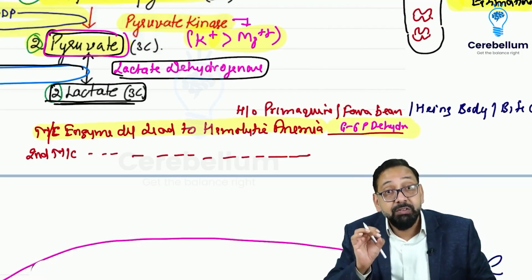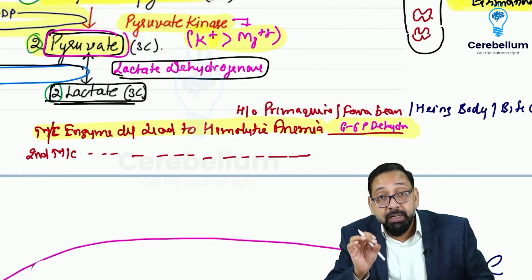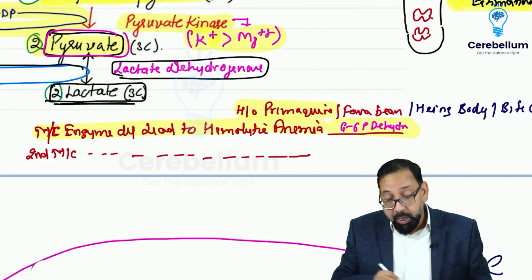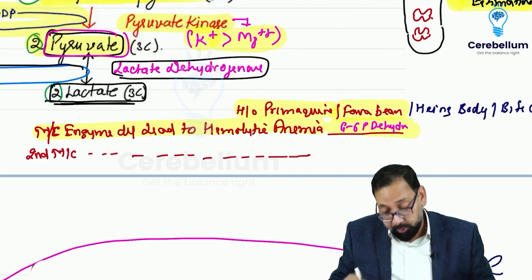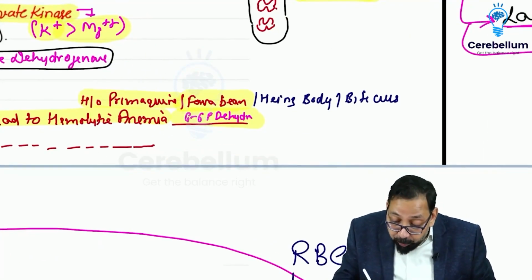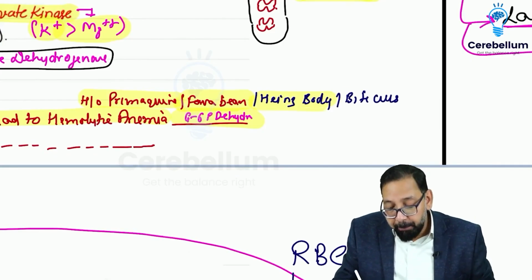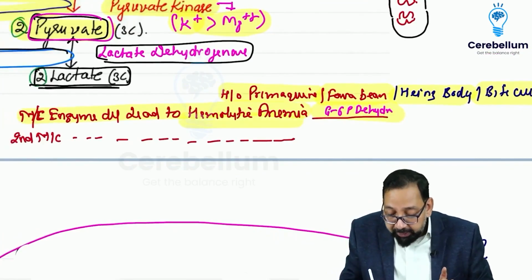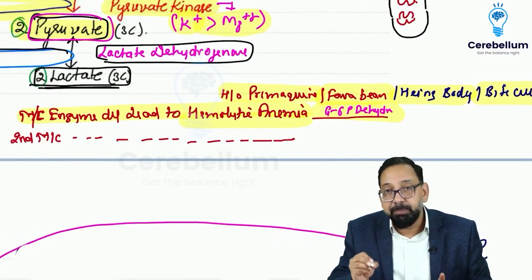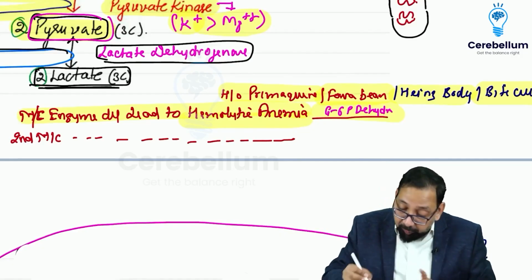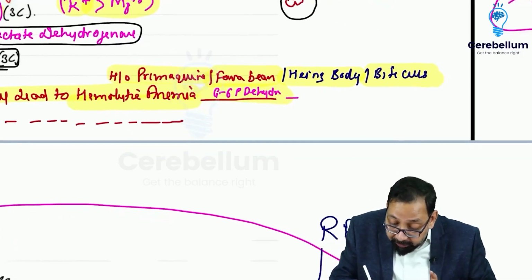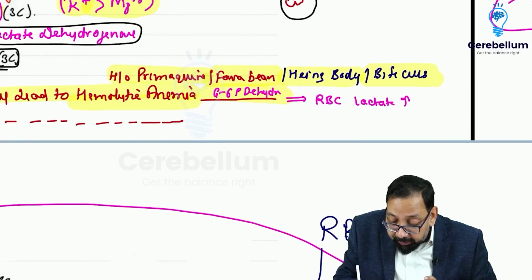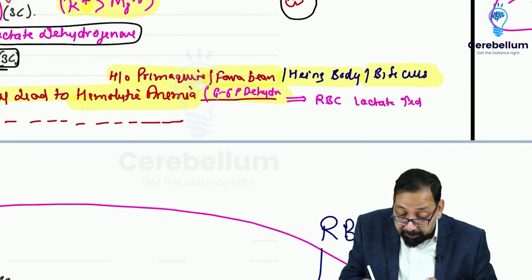When G6PD deficiency is there, in the clinical scenario you will find a history of the anti-malarial drug primaquine, ingestion of fava beans, Heinz bodies, and bite cells. If you find this type of clinical scenario and hemolytic anemia is there, the answer is G6PD deficiency. But sometimes they don't give this detail and they simply say that in RBC lactate is increased in G6PD deficiency.